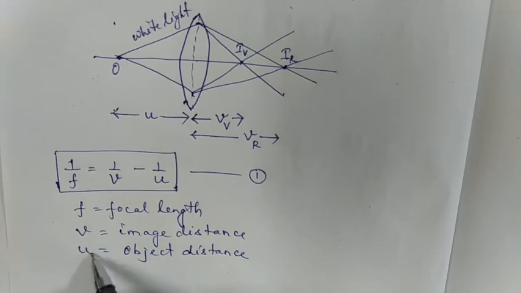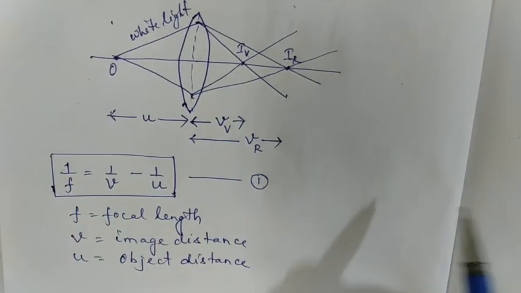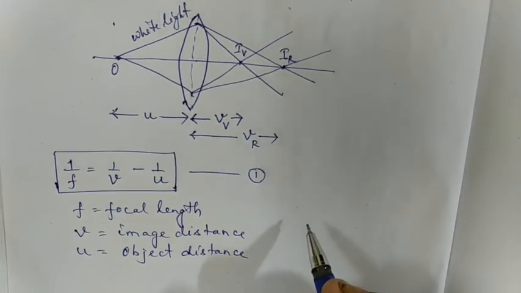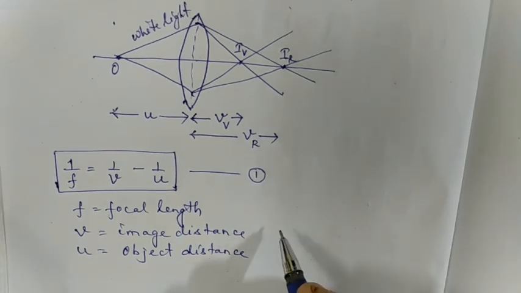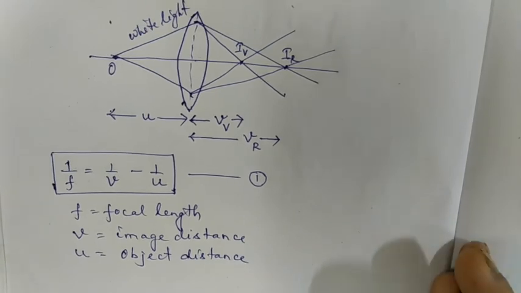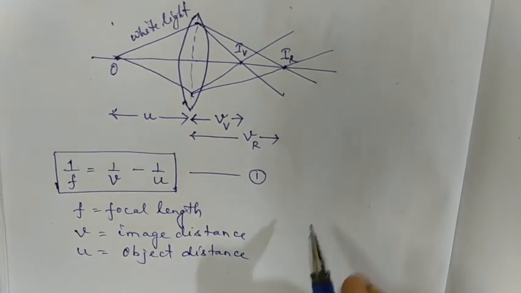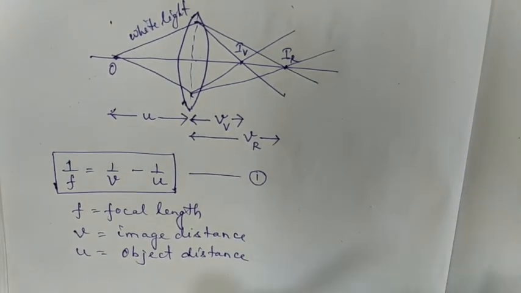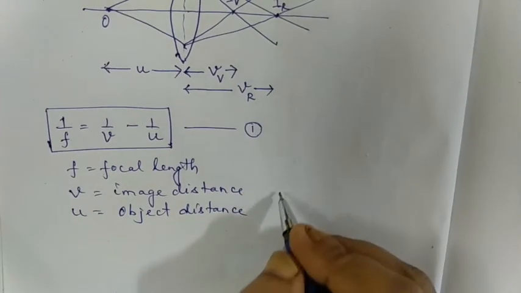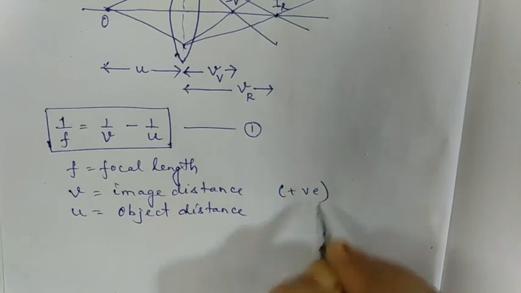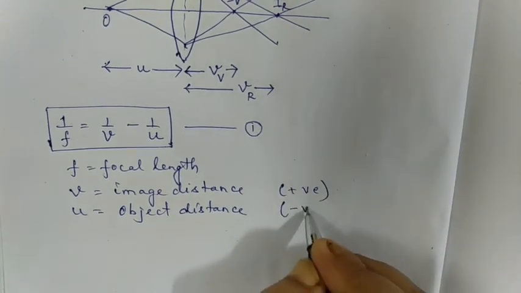Now u and v for a lens can be positive or negative. If it is towards the right side, it is positive, and if it is towards the left side, it is negative. So in this case, v will be positive, whereas u will be negative.